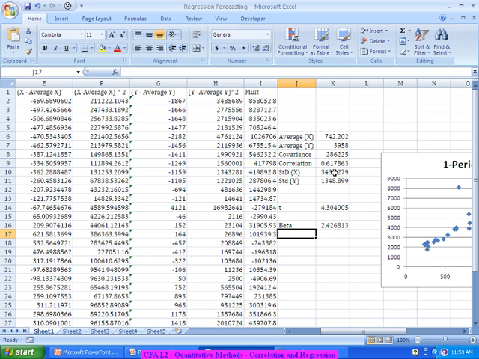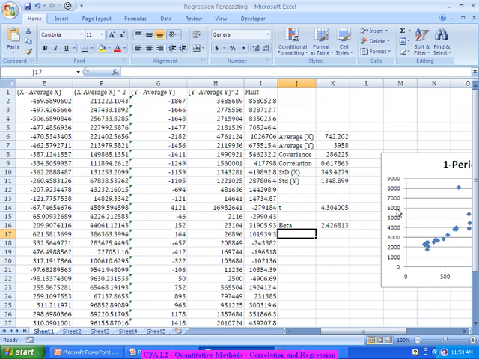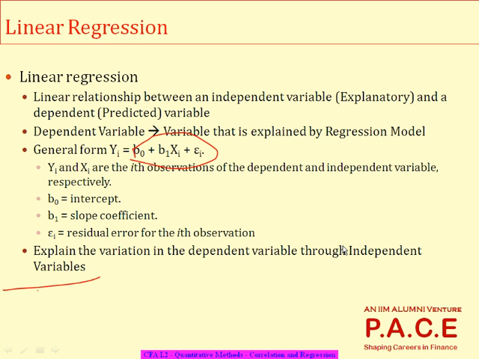So in my equation, b1 is 2.42. So y1 is b naught plus 2.42 times x1. Now, how do I get b naught? The b1 is the slope coefficient, which comes out as the covariance of xy divided by the variance of x.